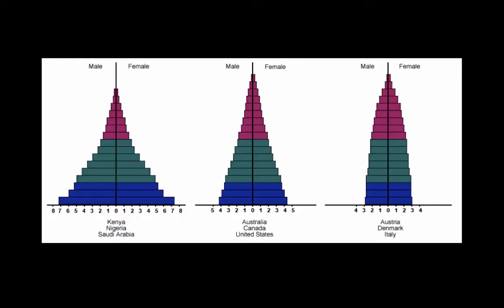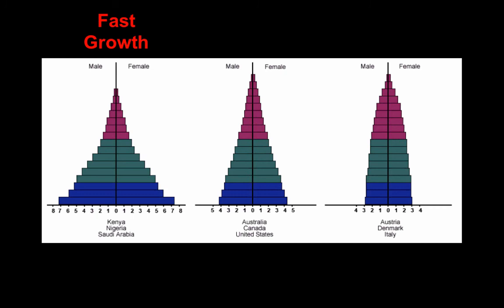This is an example, and most of you should have seen these before. These are what are called population pyramids, and these represent how a human population is growing in a certain country. So when we look at this first one, this is what's called fast growth.